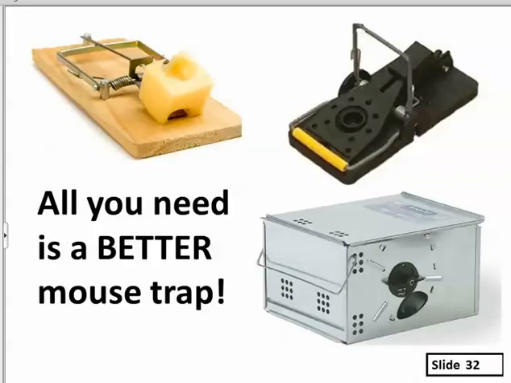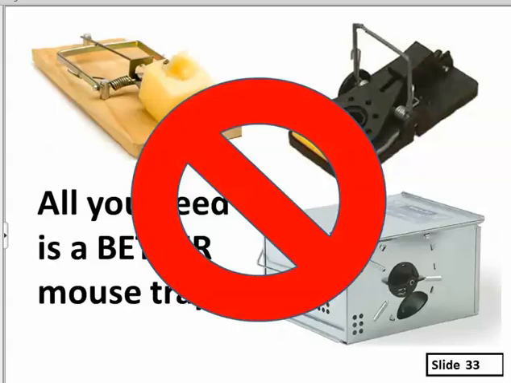Now, in the old days, I can remember hearing this, they said if you would build a better mousetrap, people would beat a path to your door. In other words, all you had to do was have the best product, whatever it was. Didn't matter what it was. As long as you had the very best product, people would beat a path to your door. Well, that doesn't exactly work. You have to have more than just the best product.